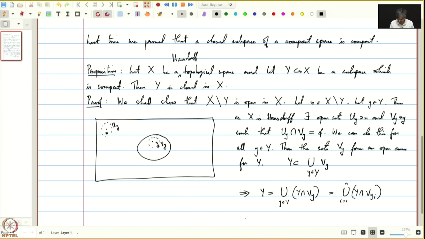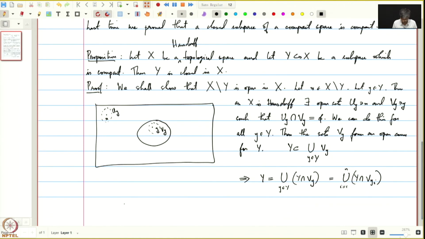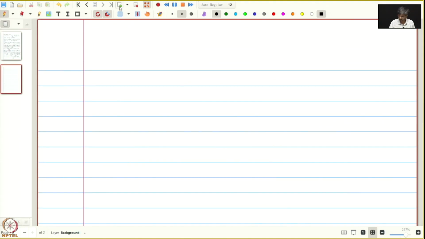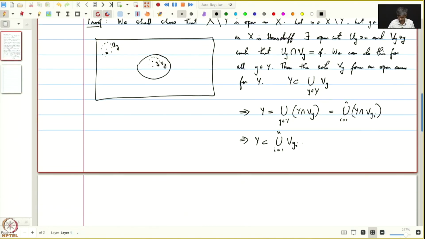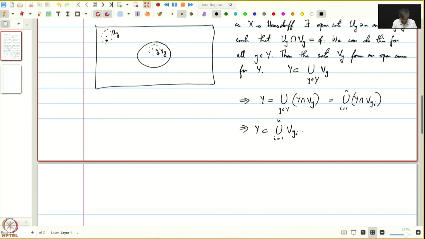Right? So this implies that Y is actually contained in the union of finitely many of these V sub y_i. So now let U be equal to the intersection i equal to 1 to n of U sub y_i.